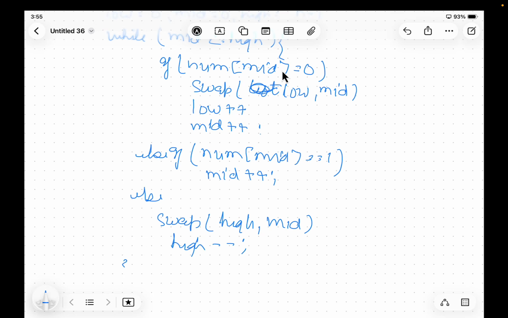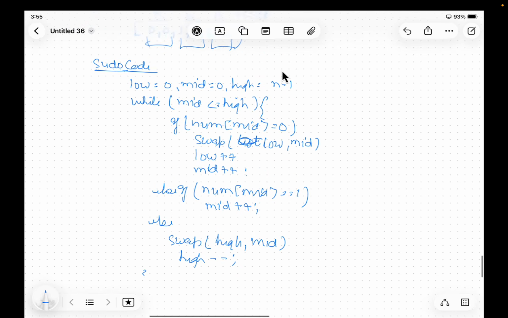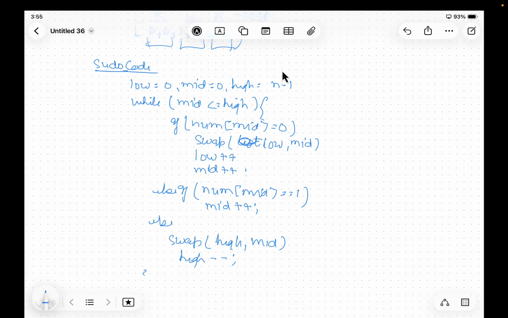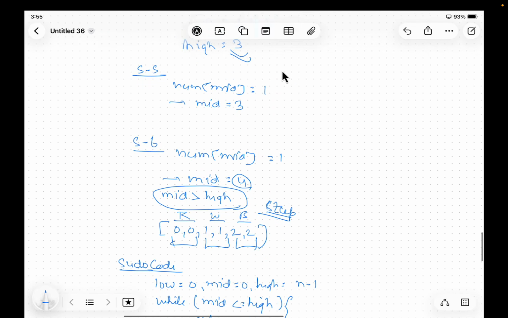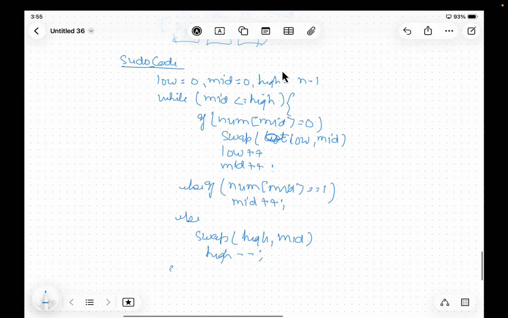So this is a very simple pseudocode. I have simply converted whatever we discussed step by step into some conditions, right? So hope you understood this problem. This is a very important problem. Whenever you practice, just remember the picture, how things are going on. Okay, so I'll show you the code in the next lecture.